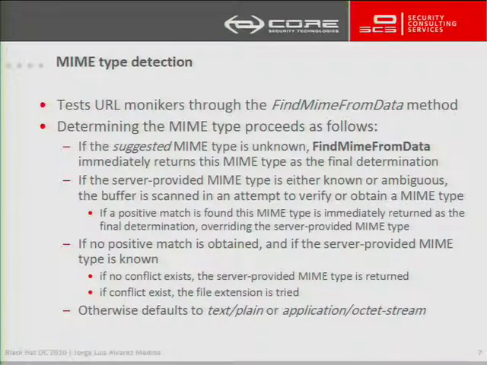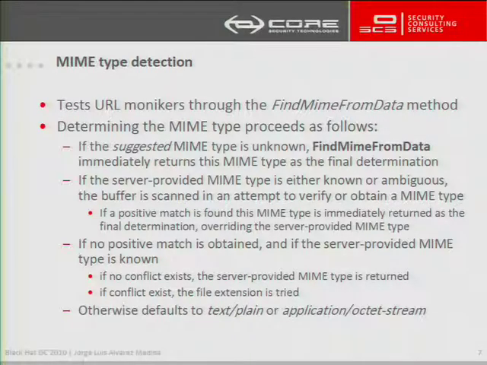So if there is a conflict, if the server-supplied content doesn't match the base content type, for example, for an HTML file the FindMimeFromData function determines this file to be a binary file, there will be a mismatch.